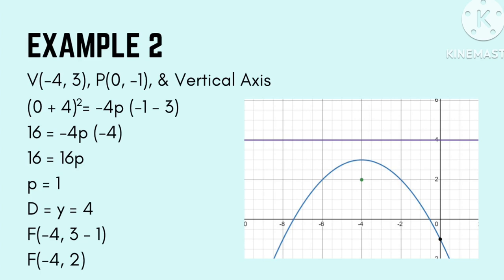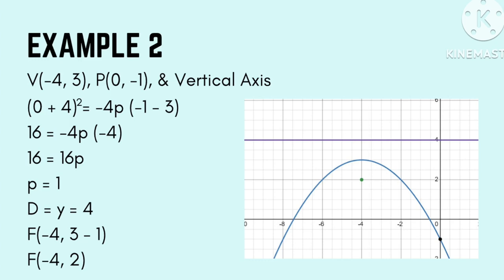So now we have (0 plus 4) squared equals -4p times (-1 minus 3). If we simplify that, we will get the value of our p. We have 16 equals -4p times -4, which is 16 equals 16p. If we divide both sides by 16, we get p equals 1.